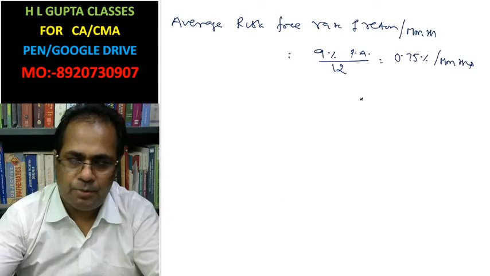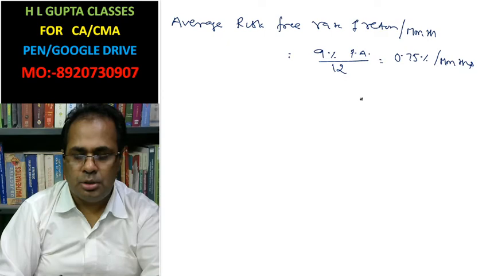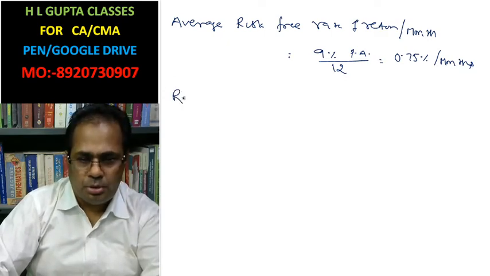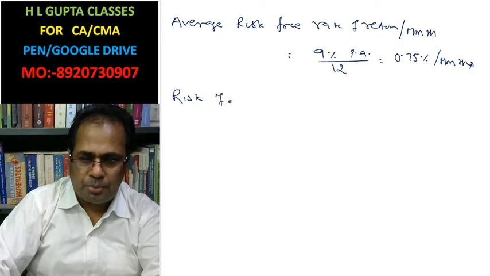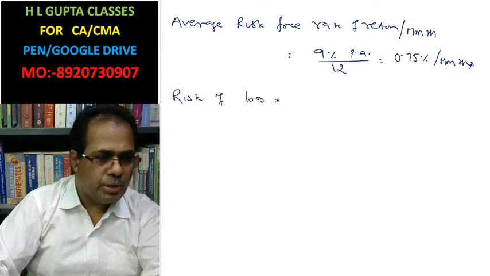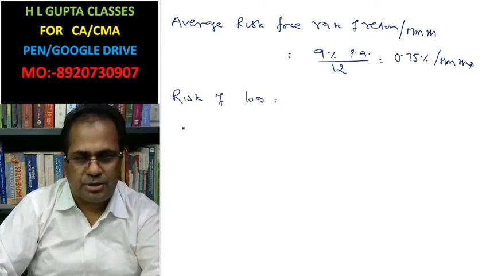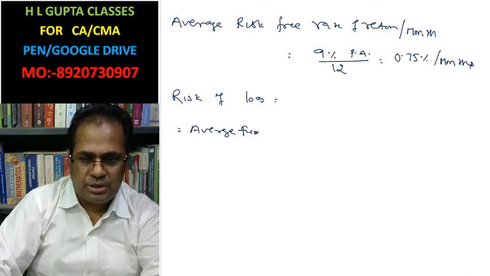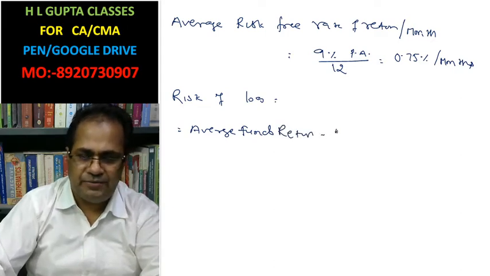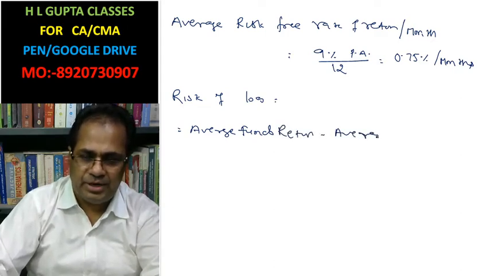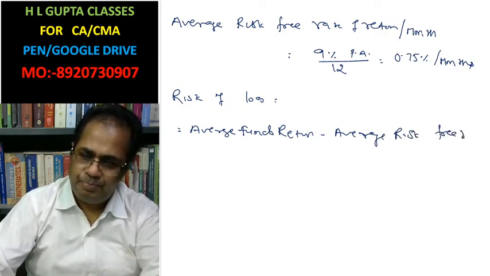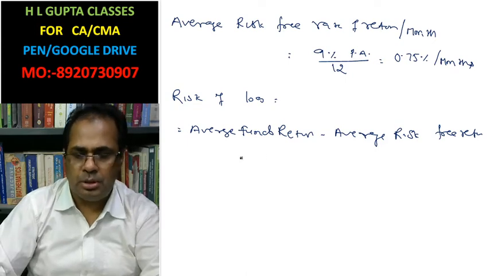Okay, now risk of loss is equal to average funds return minus average risk-free rate of return.